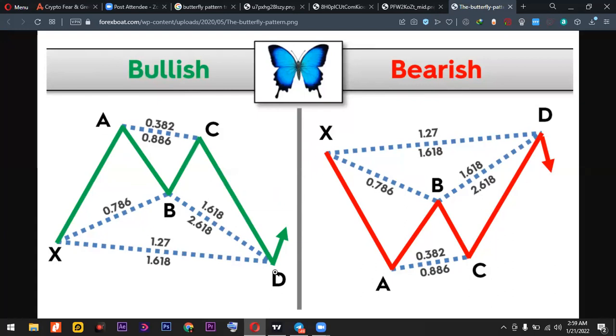It drops down first when it completes a C wave, and from the D wave it goes up. And this one is bearish. If you see this W at the beginning and you see the D wave completing, once the D wave is complete, you can short. So let me show you now in the chart.